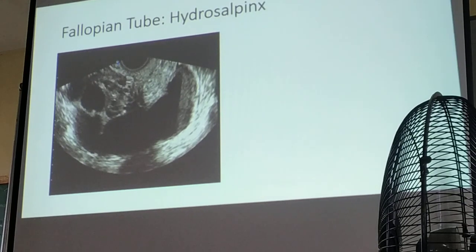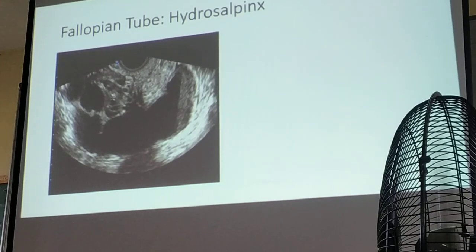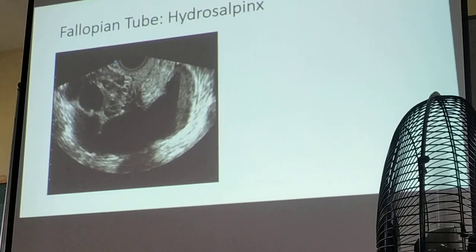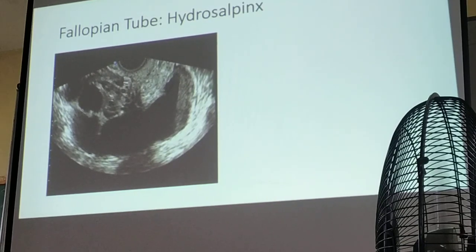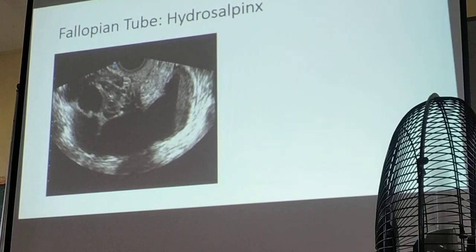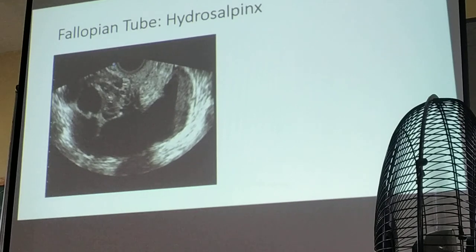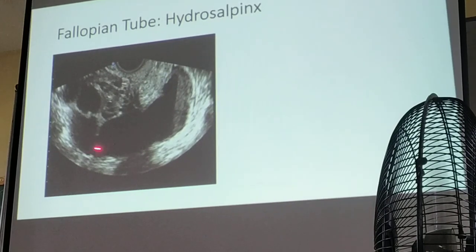Because normally we don't see your fallopian tube using the curvilinear probe. Even using the transvaginal probe, if your fallopian tubes are not inflamed, you won't be able to identify both fallopian tubes. You only identify the fallopian tube if they are inflamed, especially with the presence of fluid.